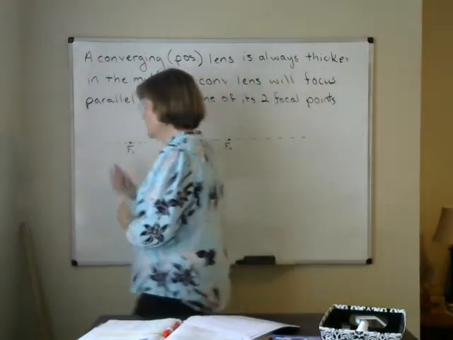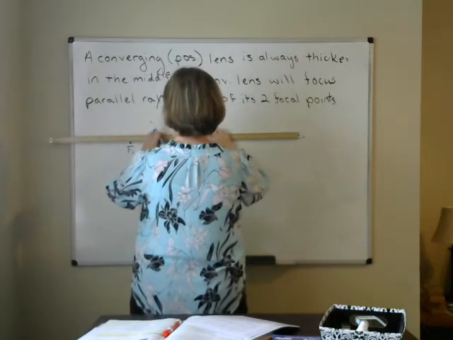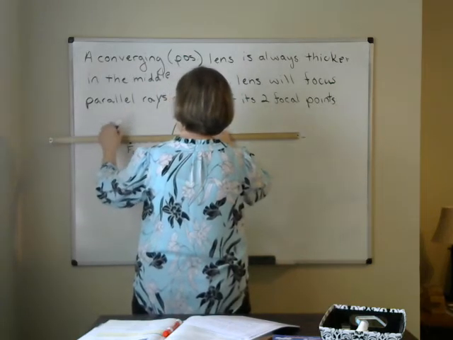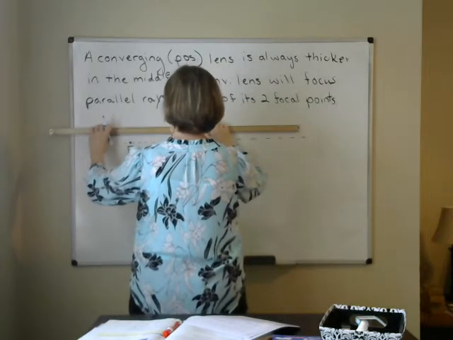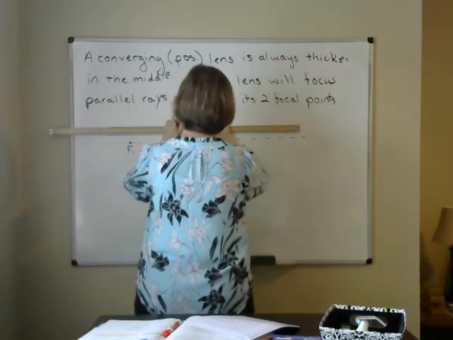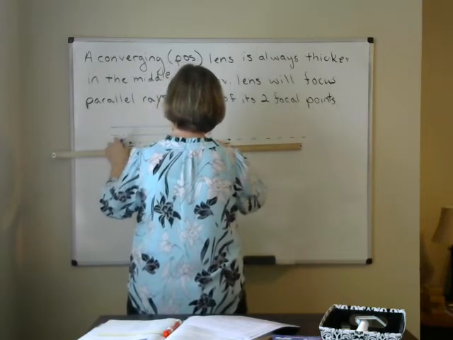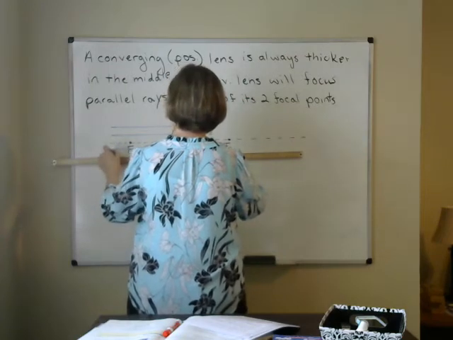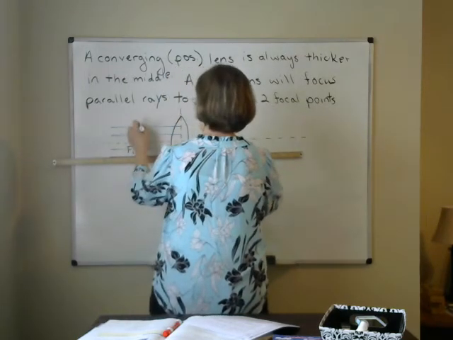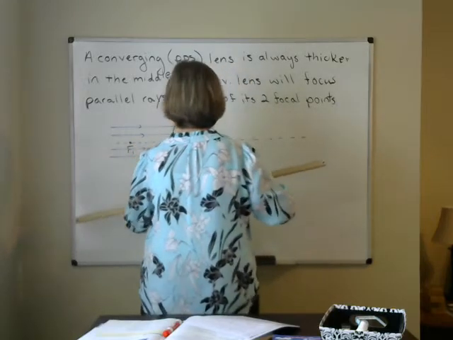If we draw them, what we see is parallel rays. So here's some rays coming in parallel. I think I've mentioned it, but a good source of parallel rays is just the sun.